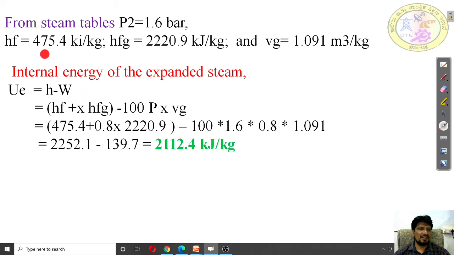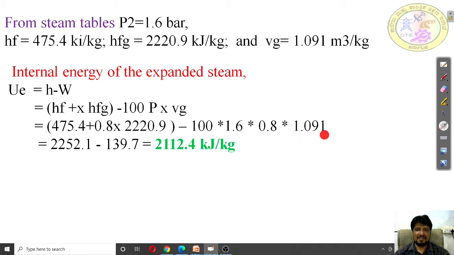HF value is 475.4 from the steam table, so here also 475.4 is the HF value. X value is 0.8, that is the dryness fraction given in the problem. Then HFG is from the steam table, note it down here: 2220.9, minus 100 into pressure 1.6 for the expanded steam, into X is 0.8.